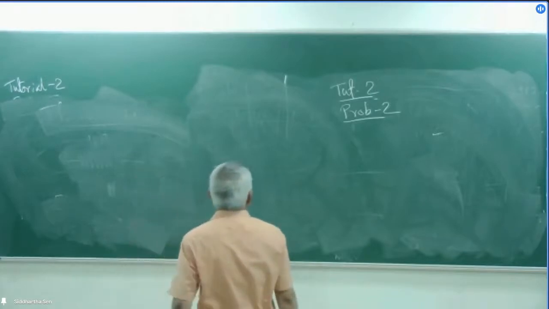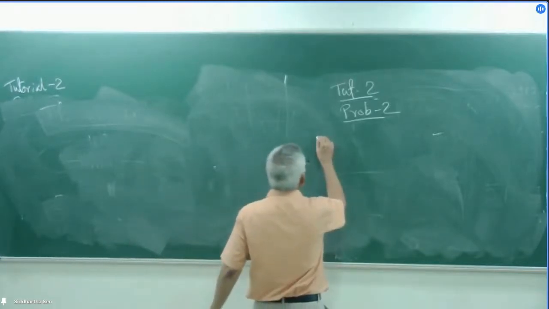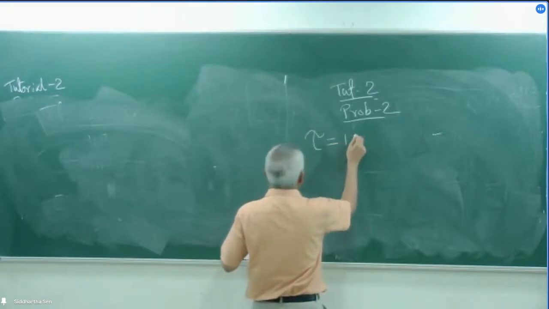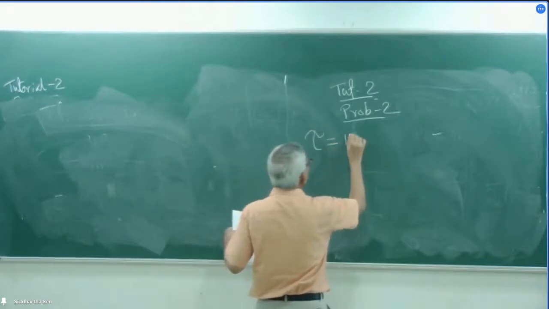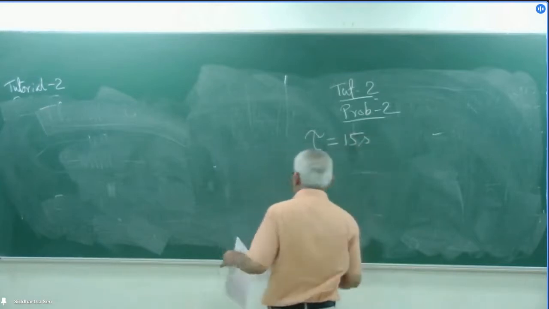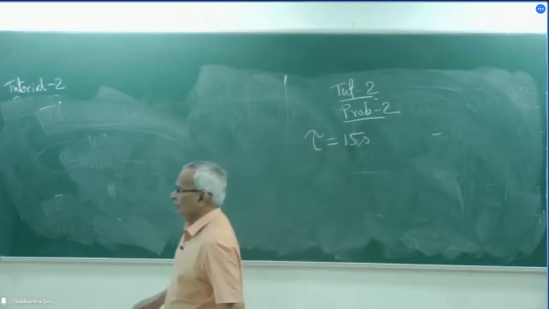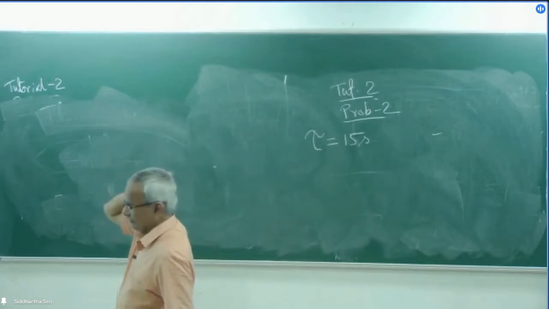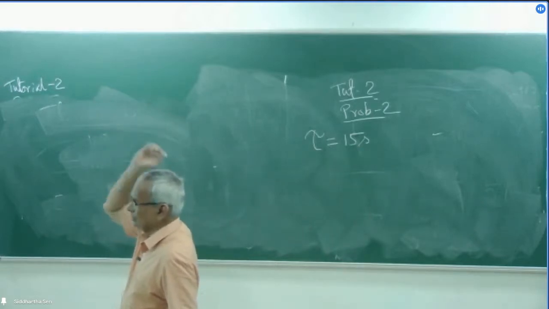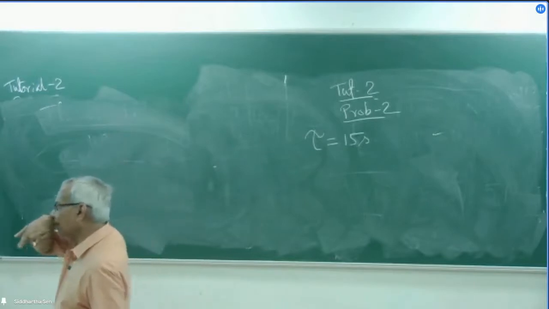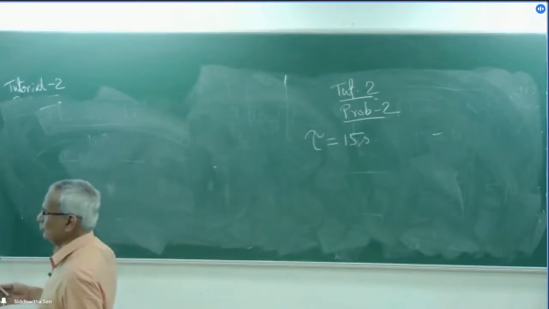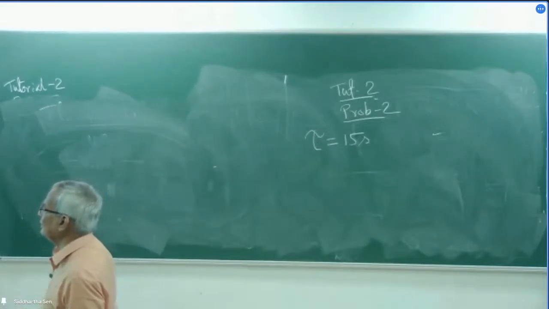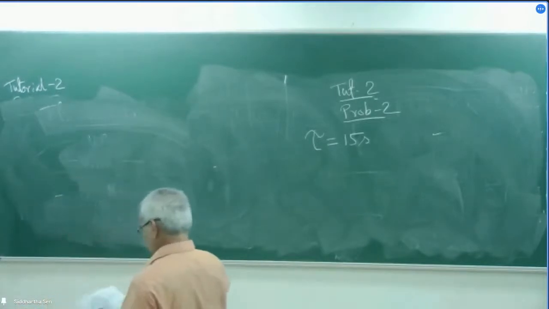So we say that this is a balloon, with time constant equal to 15 seconds, and it is rising up. Basically it is a weather balloon. On top, what is the value of temperature it detects? It has two instruments on it. One is the height measuring instrument, another is the temperature measuring instrument.